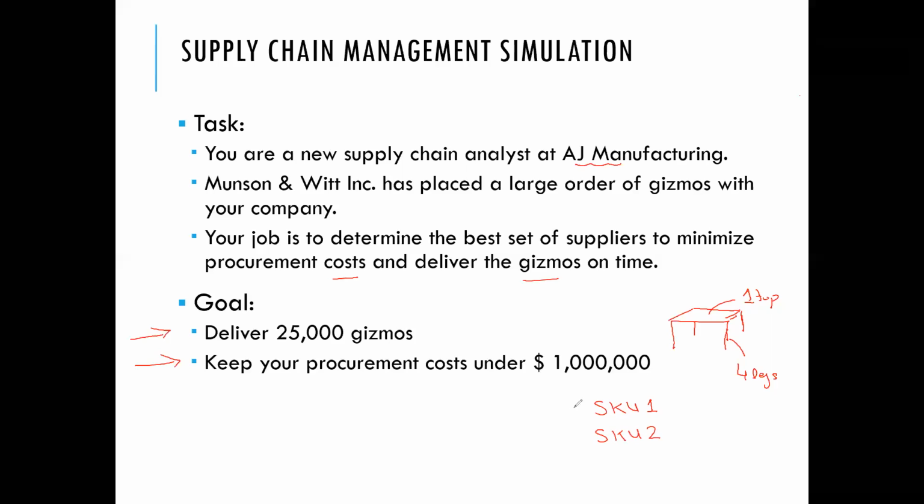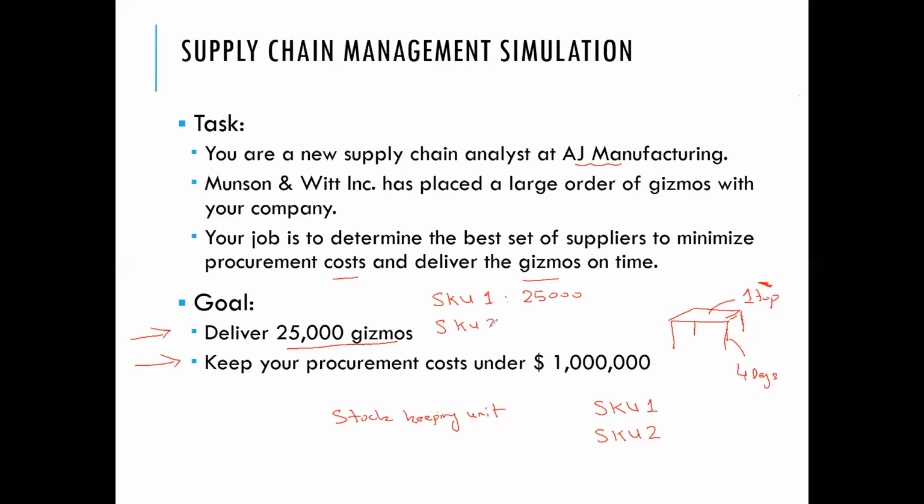SKU stands for stock keeping unit. So SKU1 is our tabletop, and SKU2 is our legs. Now, the target is to complete 25,000 gizmos, which means that you need 25,000 SKU1s, which are the tops.